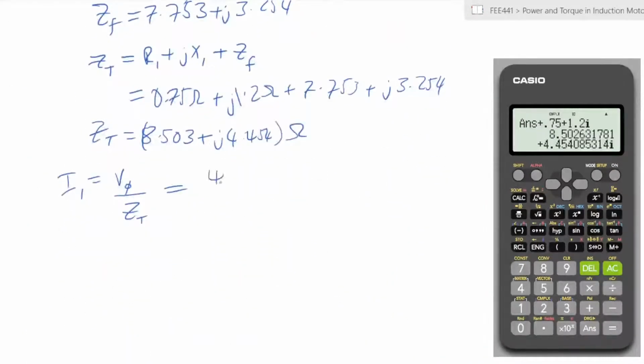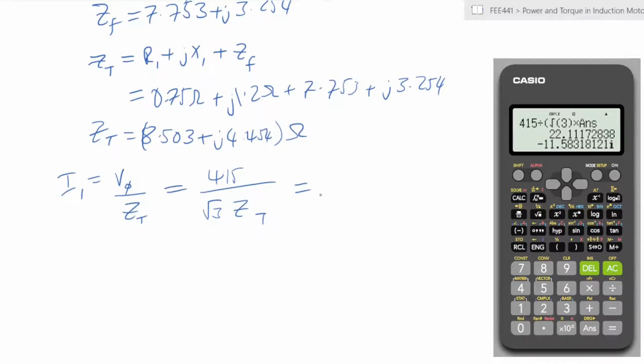So 415 over √3 times ZT, which will be equal to 415 divided by √3 times the answer. Yes, that is the correct answer.